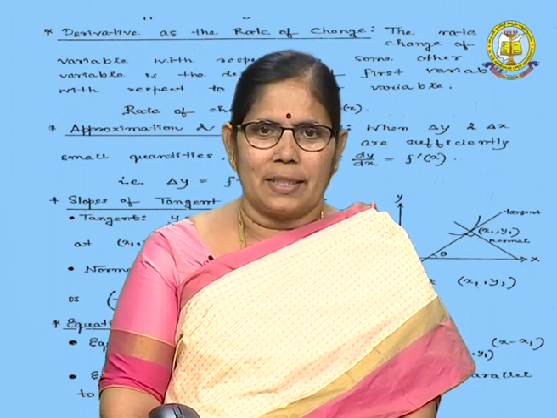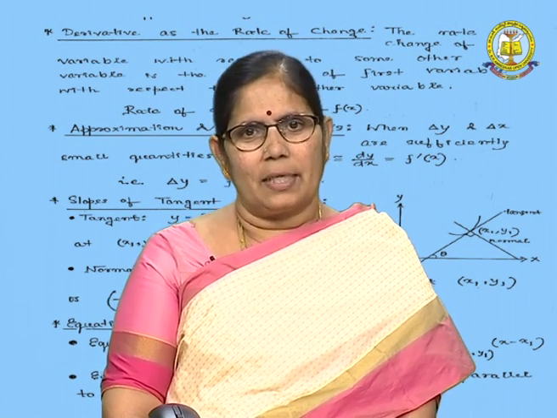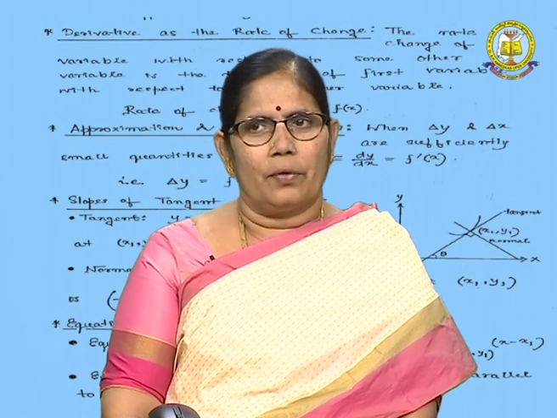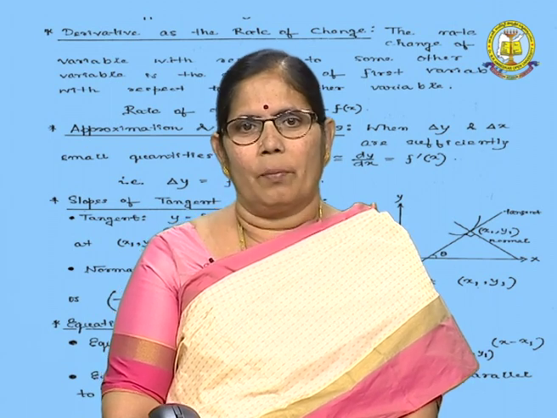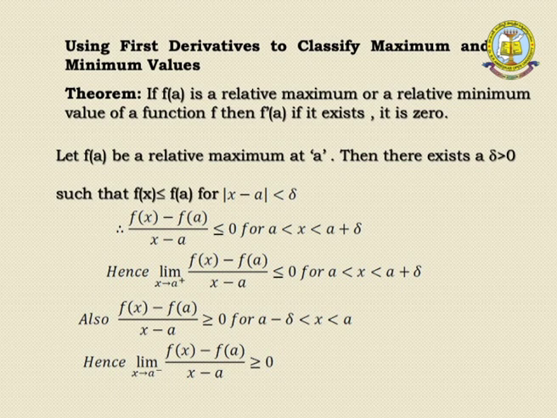That is, f dash x greater than 0, the function is increasing; f dash x less than 0, the function is decreasing. Now, we are going to use the same concept to find the maxima and minima of the given function. For that, we first use the first derivative test to classify maximum and minimum values.